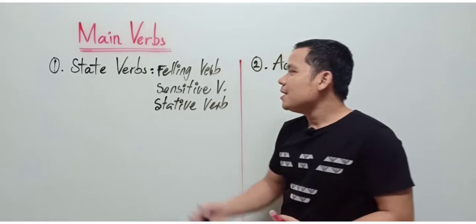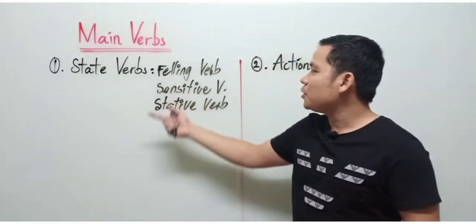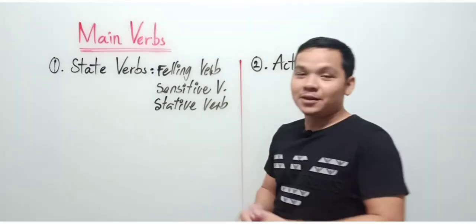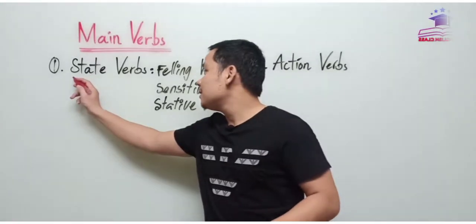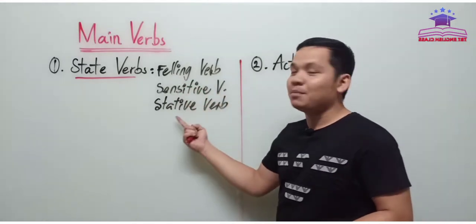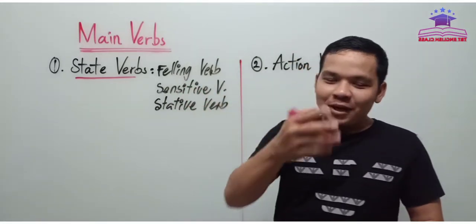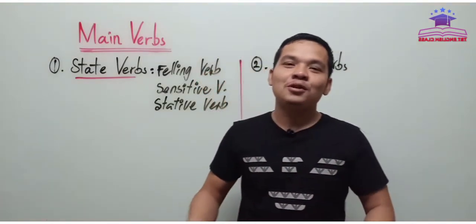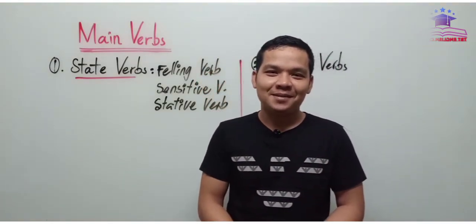Okay, so state verb can be feeling verb, can be sensitive verb, can be stative verb. We talk about types of verbs that do not show the action in the sentence.